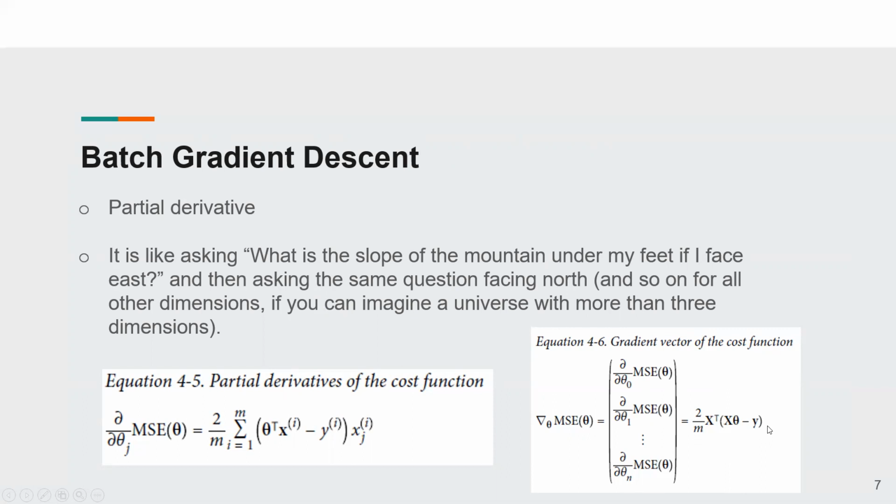This is batch gradient descent. Once you are able to calculate all of them for each single theta at a specific point, you would be able to make a decision on where to move in terms of your next direction.